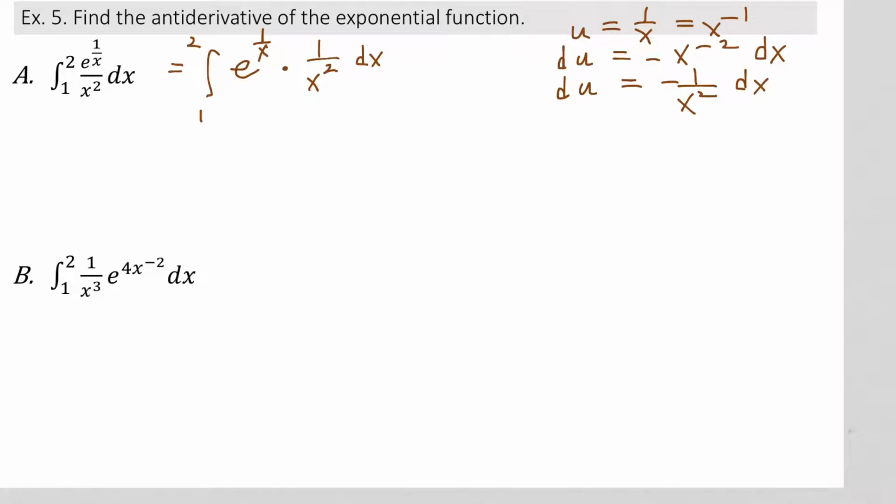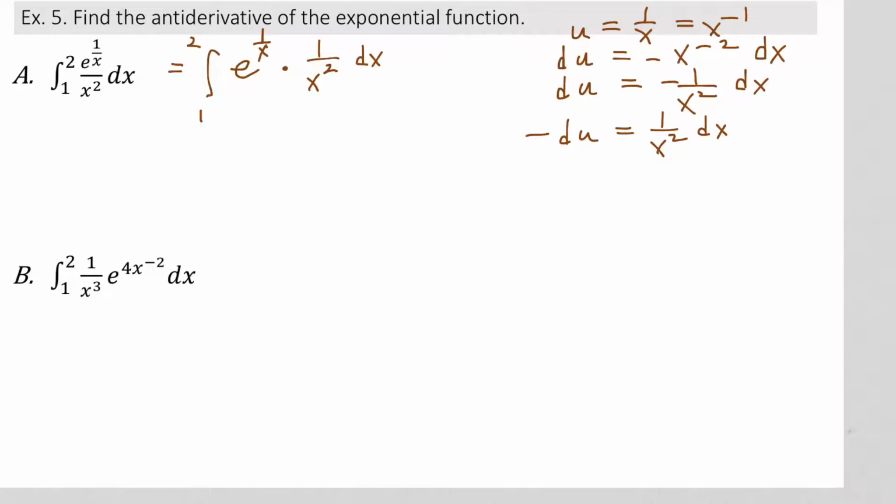So I divide by negative. So then I have 1 over x squared dx, which is what I have over here. So this part here is negative du. This part here is e to the u.